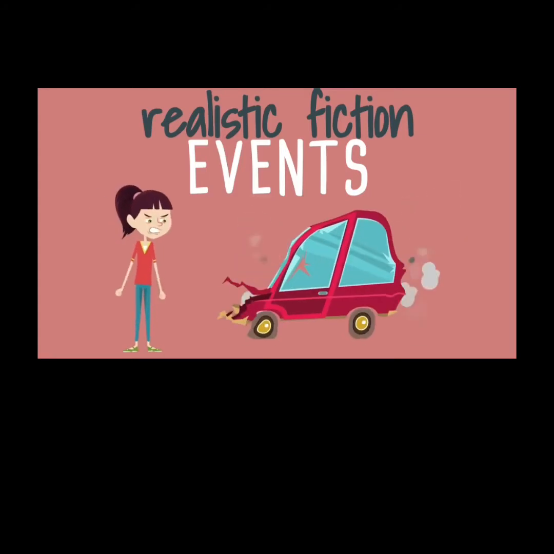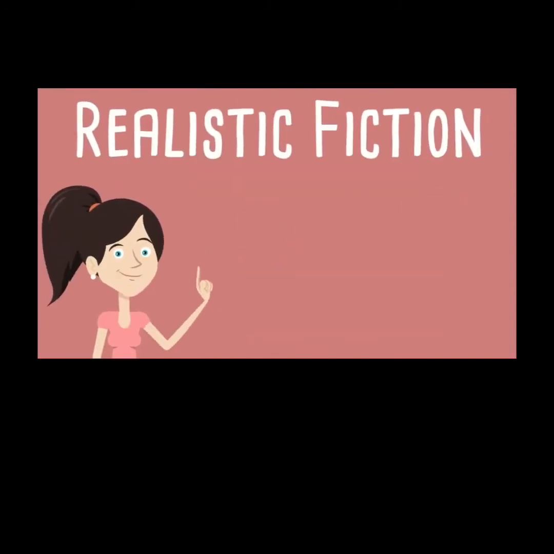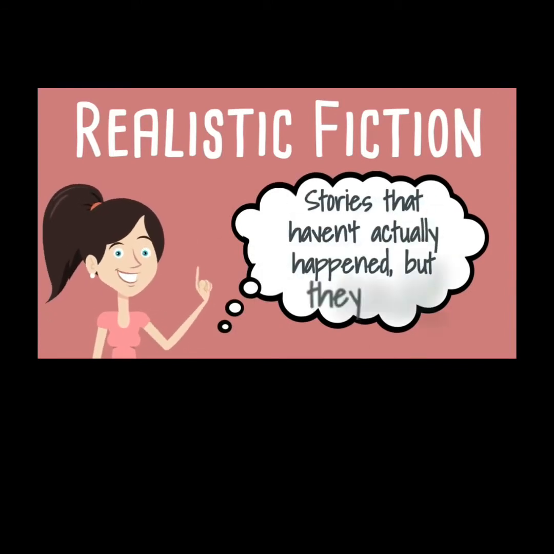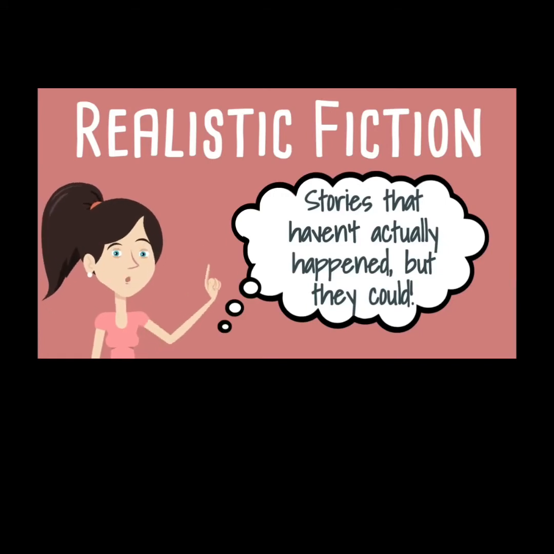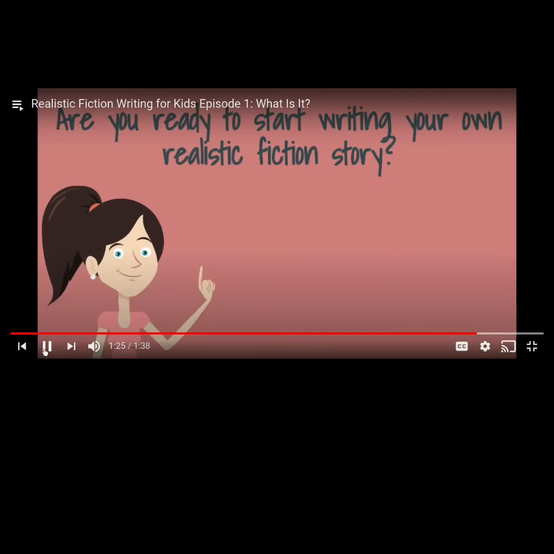The problems that the characters face are real problems that could really happen to real people. So when we write realistic fiction, we use our imagination to create stories that haven't actually happened, but they could. Are you ready to start writing your own realistic fiction story?